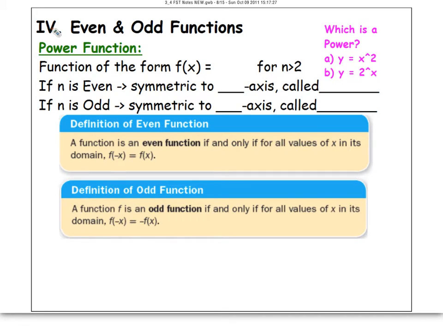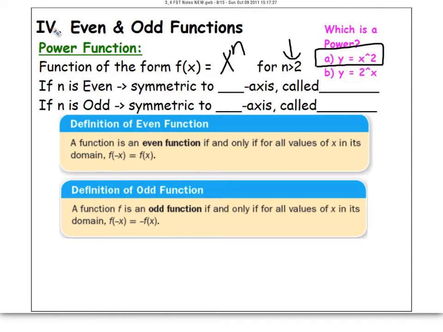Now, there's a specific vocabulary word for both rotating at the origin and reflecting over the y-axis. It's even and odd. So what they're going to tell us is if we have functions that are the format of x to the n power, and we're looking at n's greater than 2, so we mean something like x squared, x cubed, x to the 4th, x to the 5th.